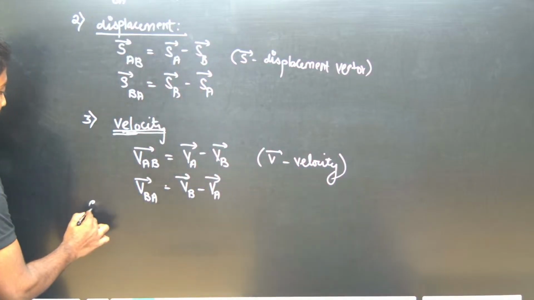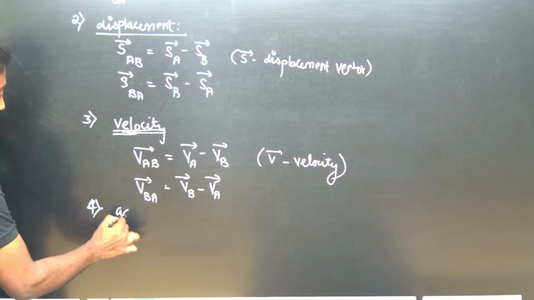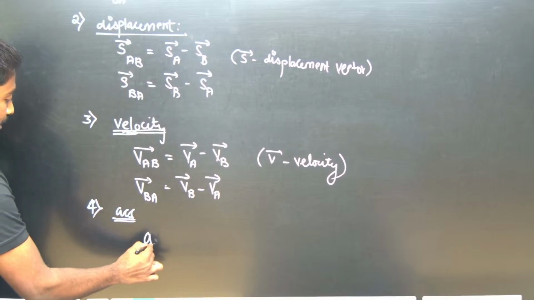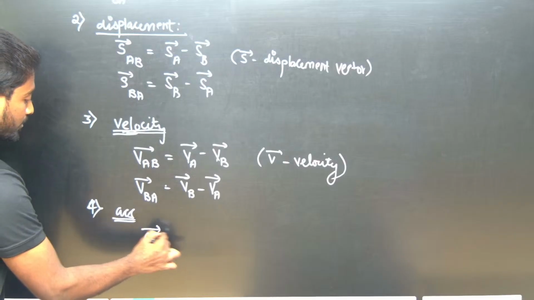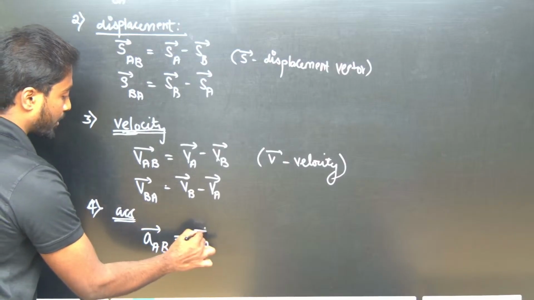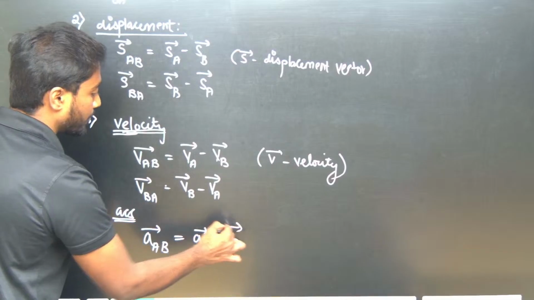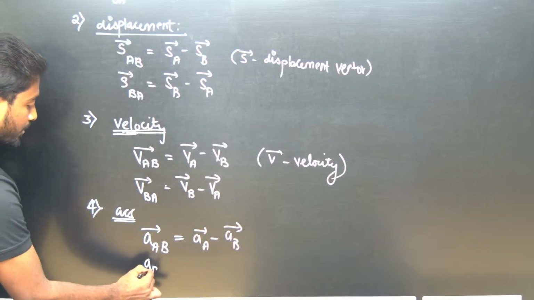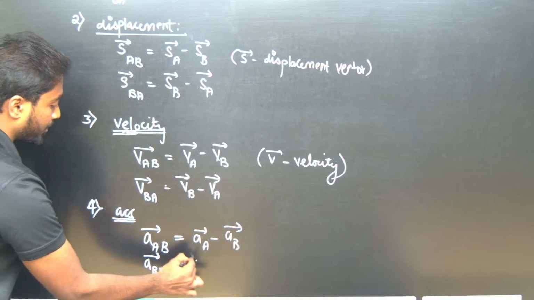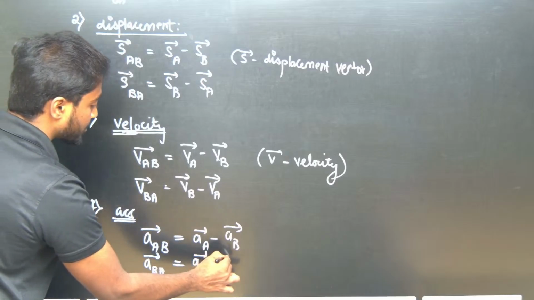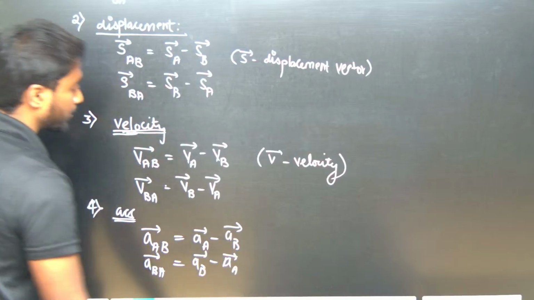Next one, acceleration. So acceleration of A with respect to B is nothing but acceleration of A minus acceleration of B. Next, acceleration of B with respect to A is nothing but acceleration of B minus acceleration of A.